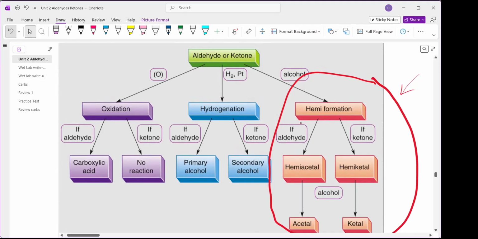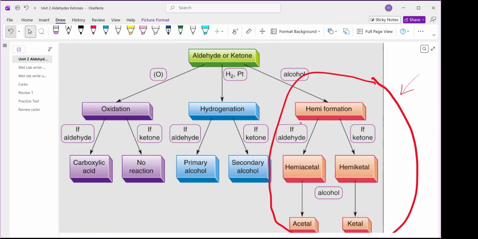All right, so three sets of reactions: oxidation, reduction, and the acetal-ketal reaction.